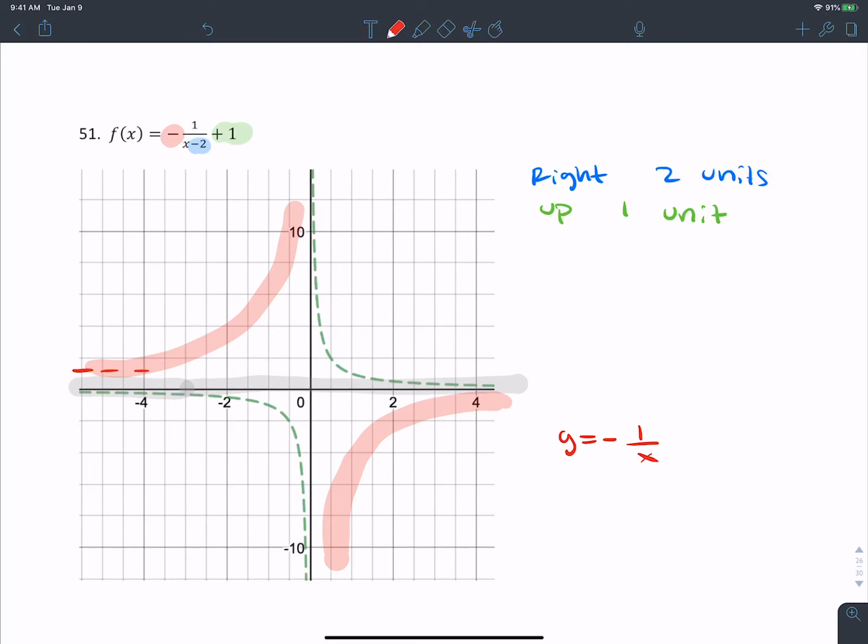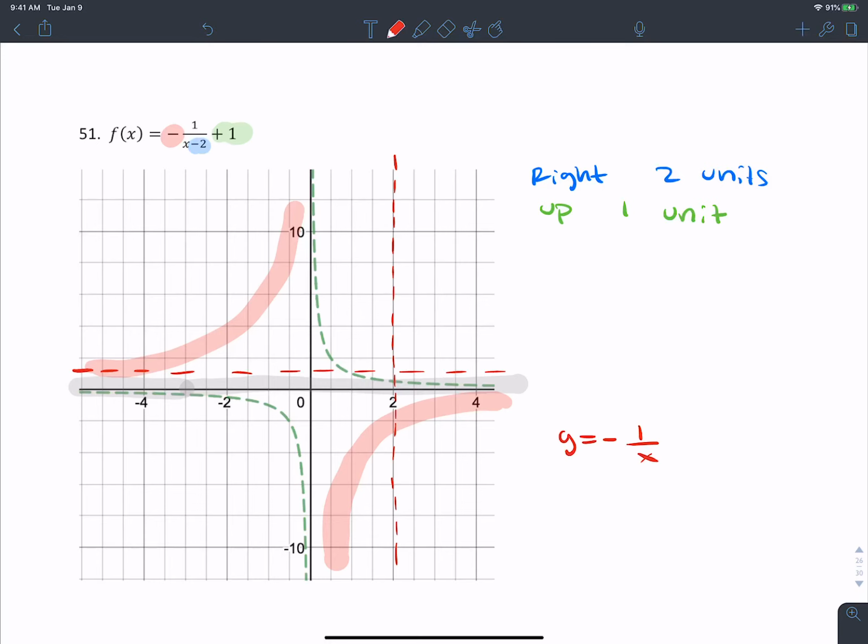So here's 1. If you're going to move every point to the right 2 units, then you're moving the y-axis 2 units. So this is now going through that number 2 here. Here's my new x and y axes.